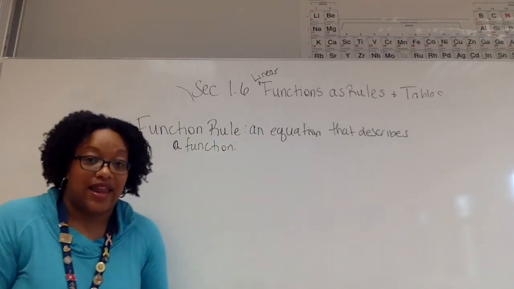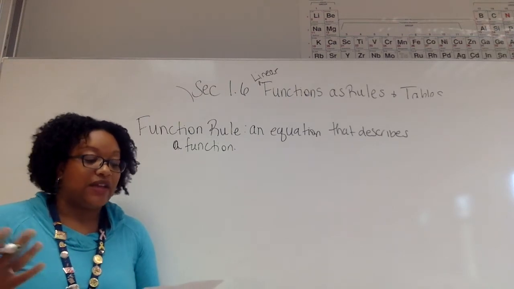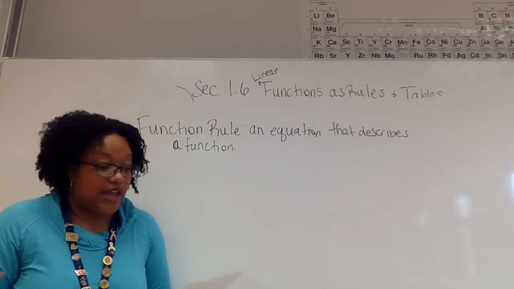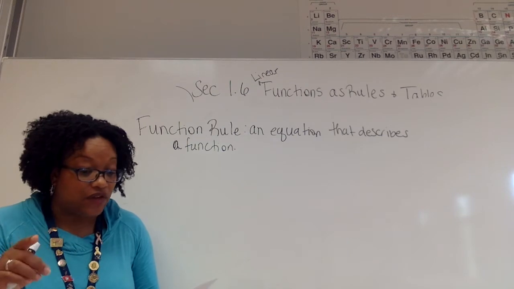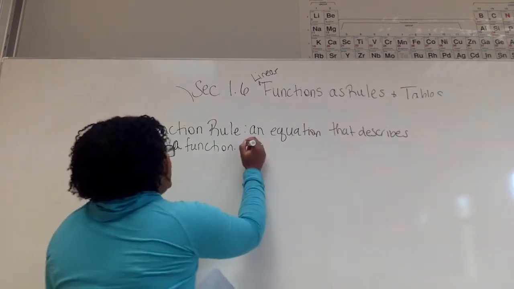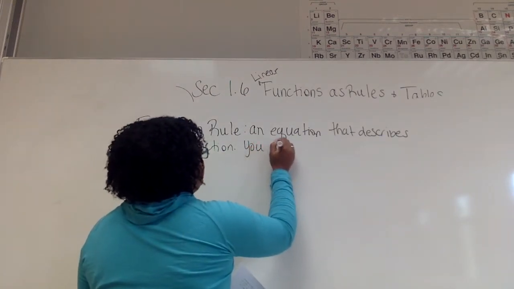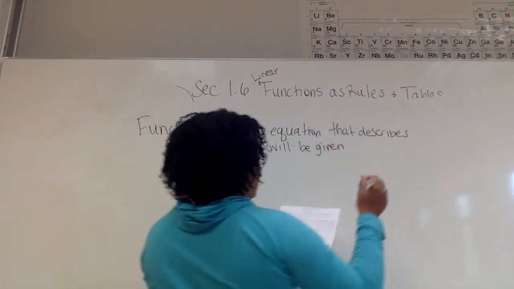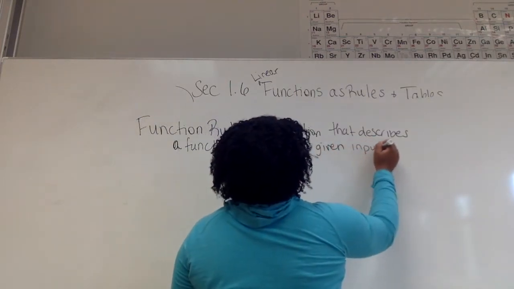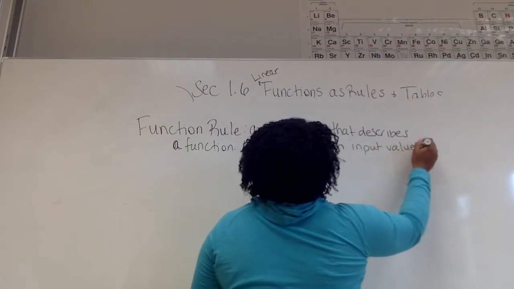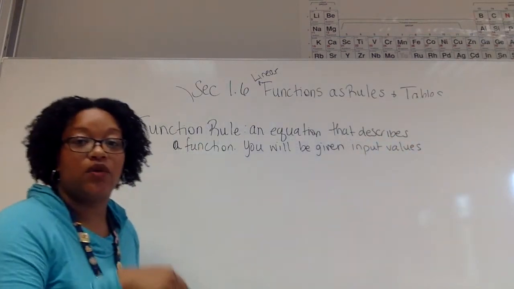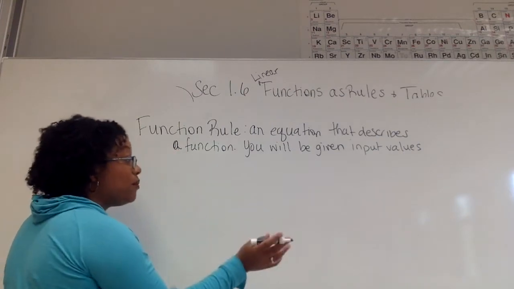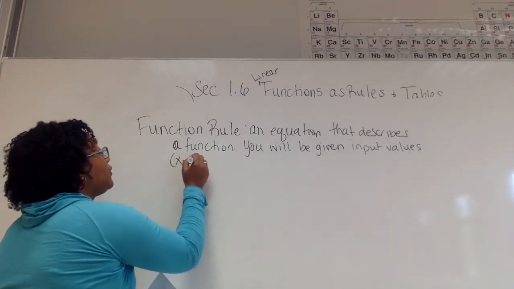Like if you were to look at it, you would see that it's just a plain old equation. Now, what do you do with it? Here's what you write next. You're going to be given input values, which, if you remember from the front page of your notes, the input values, that's your domain, that's always going to be your x values.